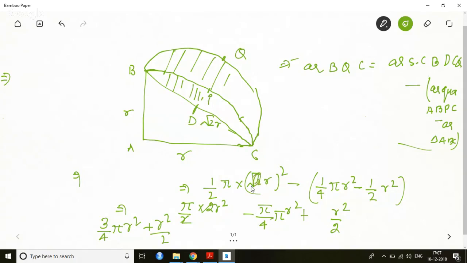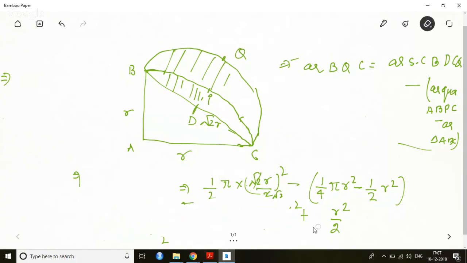One second, this will be root 2 divided by 2 because that's the diameter. So this is nothing but root 2 divided by 2. So this is root 2 only. Let me just solve it once again.